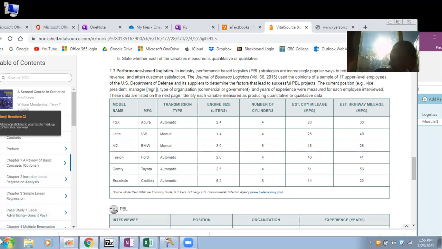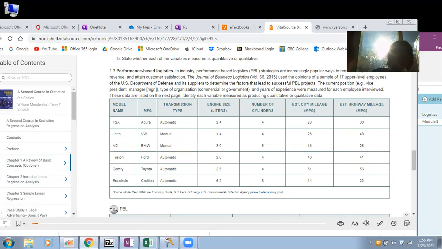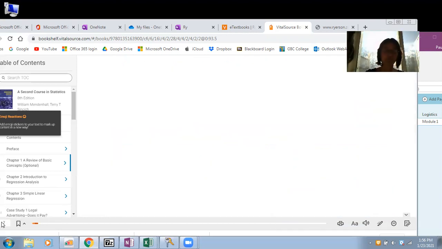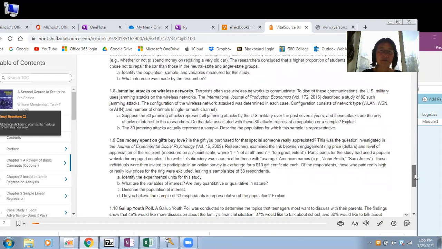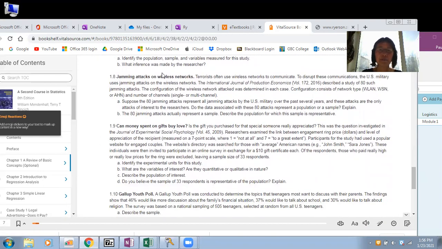Okay, it is a textbook, on page... Try to find the page number here. Okay, page 7. Let's look at 1.8.